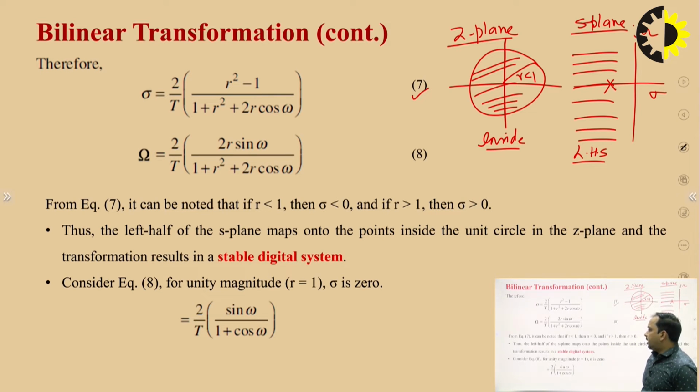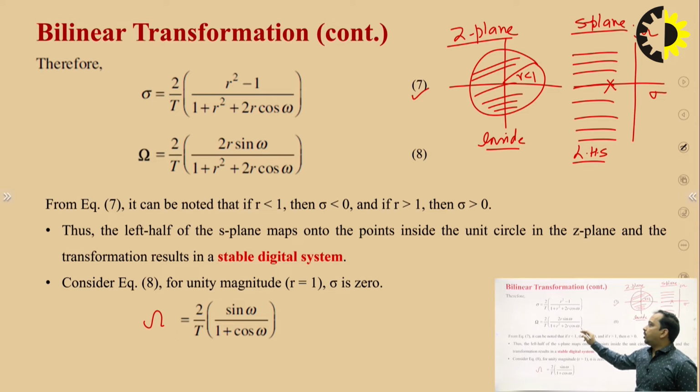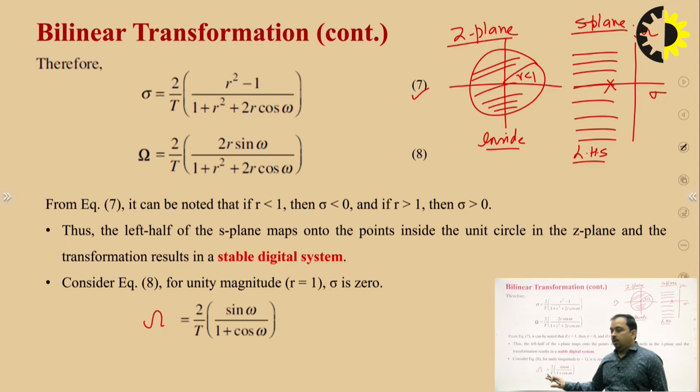Afterwards, if we put r = 1 in equation number 8, the analog frequency omega = (2/T) 2 sin(omega/2)... divided by 2 + 2r cos omega. If we simplify that expression, we get a relationship between analog and digital frequency as (2/T) sin omega / (1 + cos omega).